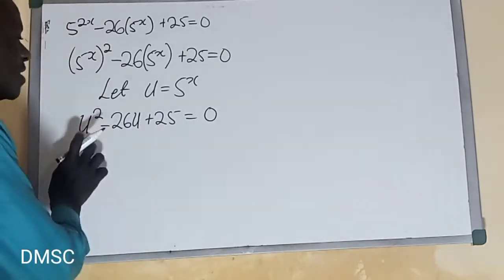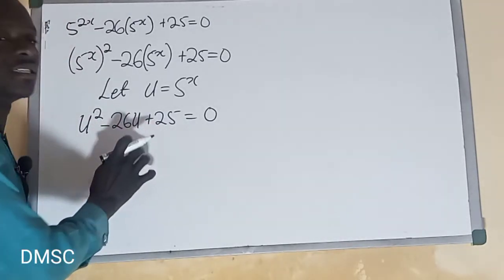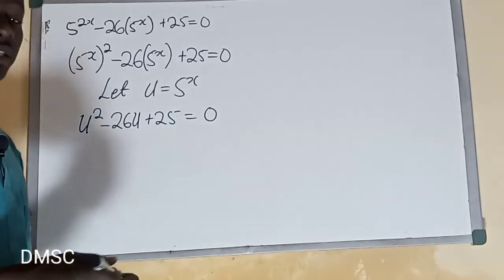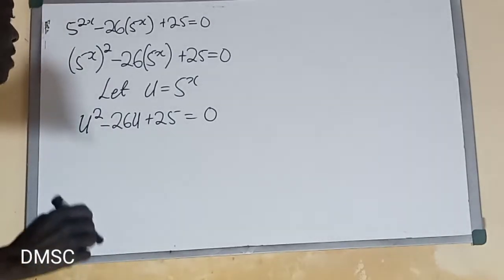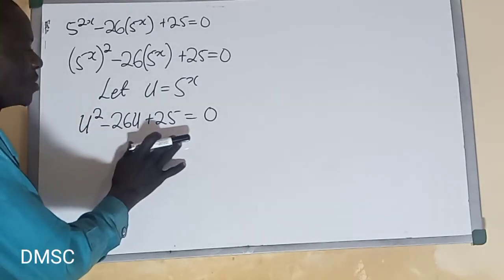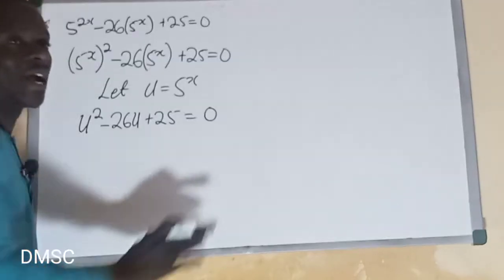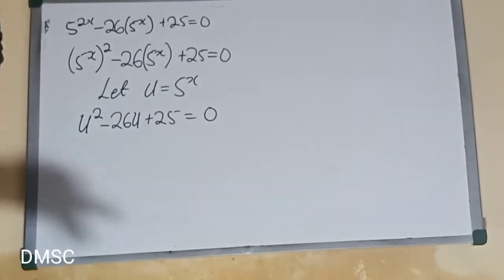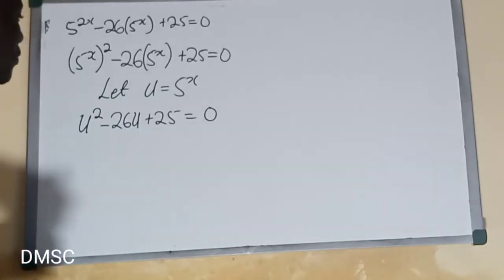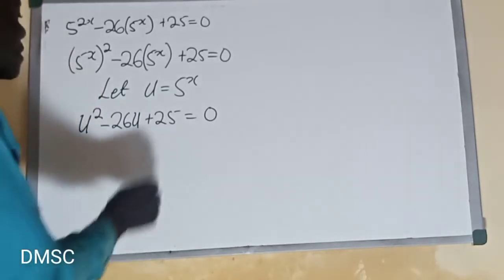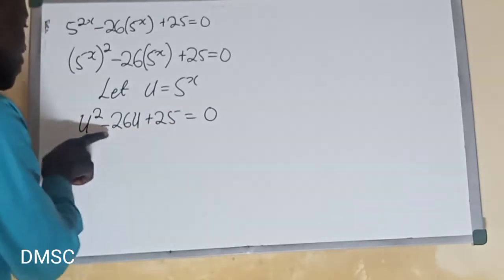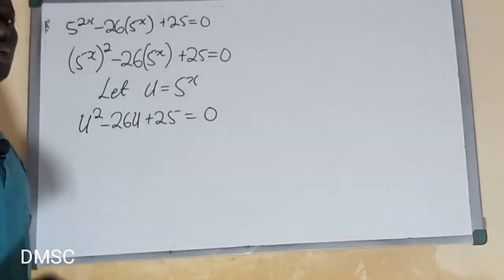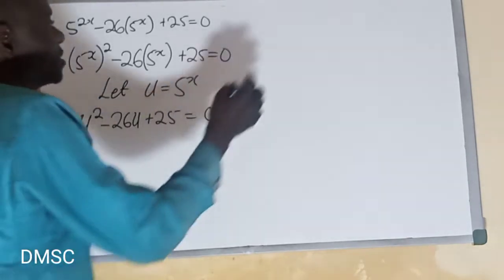When you look at this equation, you can now see that it has changed to a quadratic equation in u. Now we have to factorize this quadratic equation. To factorize it, we have to look at our constant, that is our target, and also the coefficient of u. Our constant is 25.